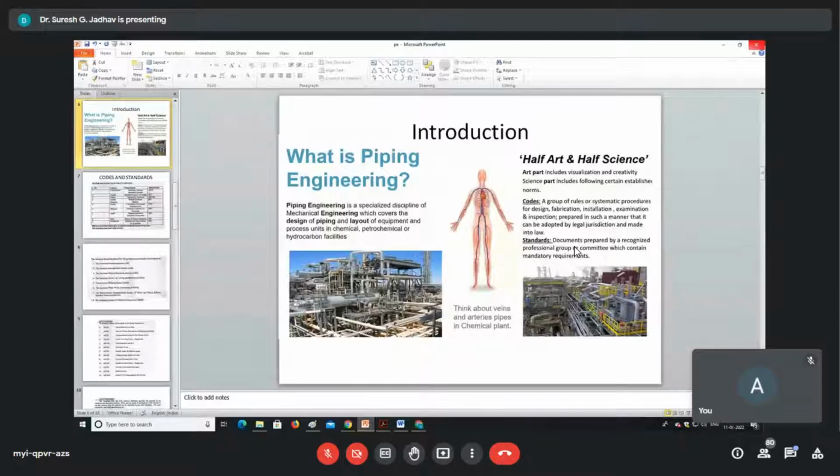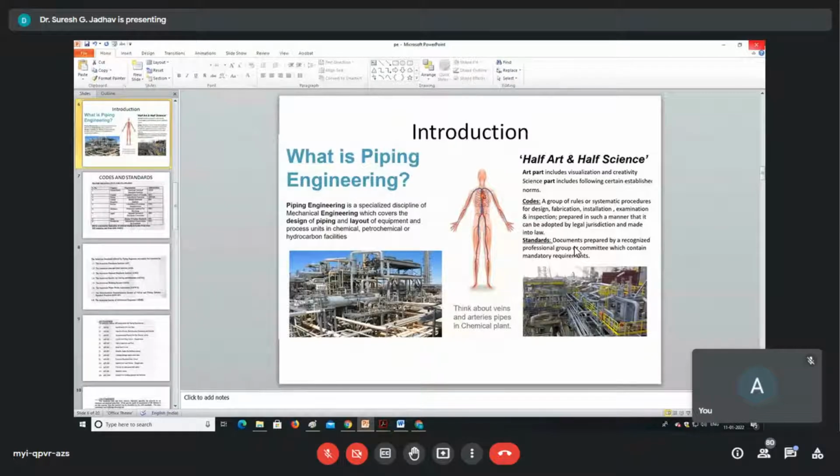It transports fluid from one place to another, from one equipment to another. It is a critical component of any process plant and requires good knowledge to deal with chemical plants, petrochemical plants or hydrocarbon facilities.